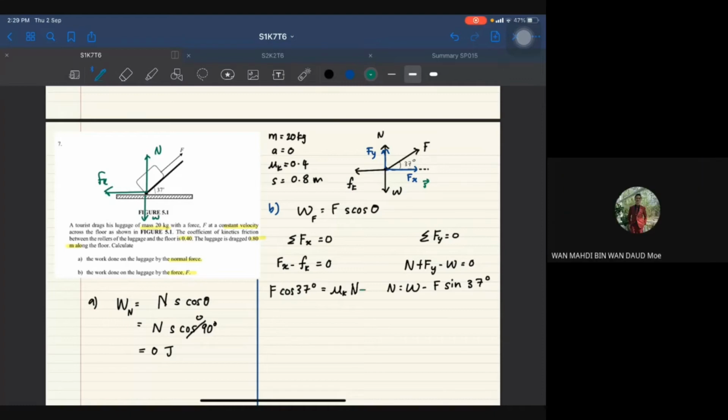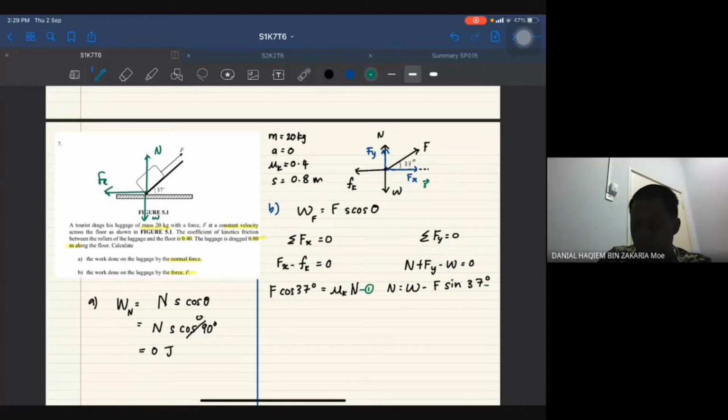This one is equation 1, this one is equation 2. I can substitute equation 2 into equation 1. For equation 2, I do have my mg already, but I still don't have the F. So if I substitute, maybe I can solve. Substitute 2 into 1.